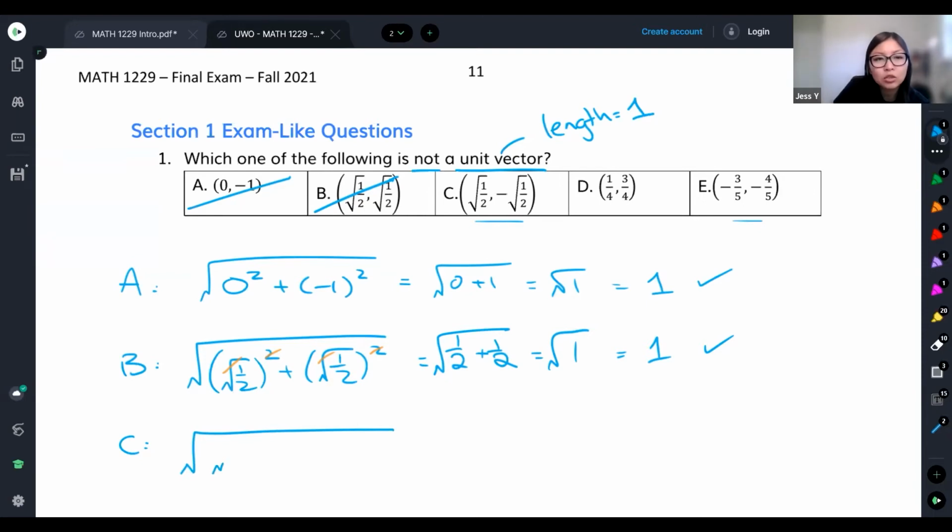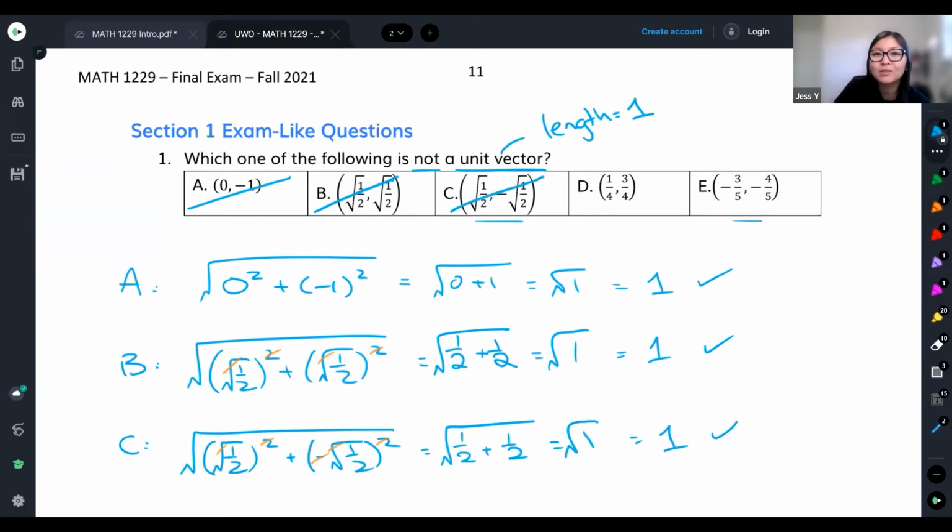So this is the square root of 1/2, squared, plus negative square root of 1/2, squared. The squares and square roots cancel, and the negative squared turns into a positive. So this is actually the same thing as B. We get 1/2 plus 1/2, which is the square root of 1. That's also 1, so it can't be answer C.